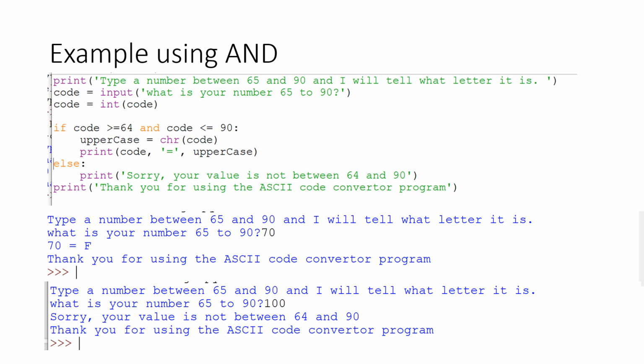So please input this program in Python, run it with values that are lower than 64, values that are greater than 90, and values within the range. Run it several times so you can see different letters, and you can compare those codes to the ASCII code table to see if it's working correctly.